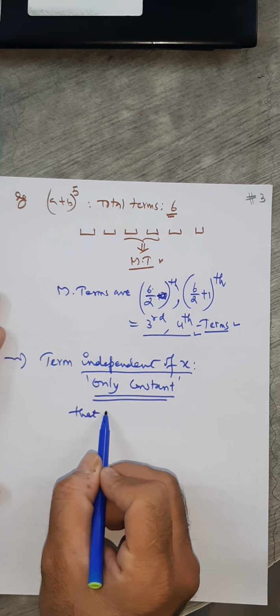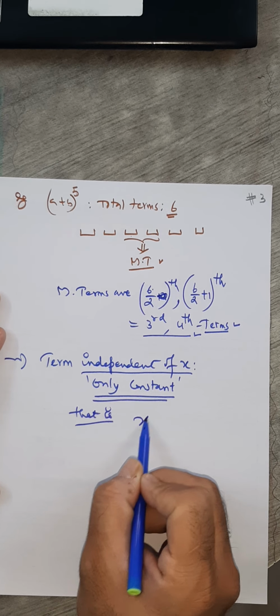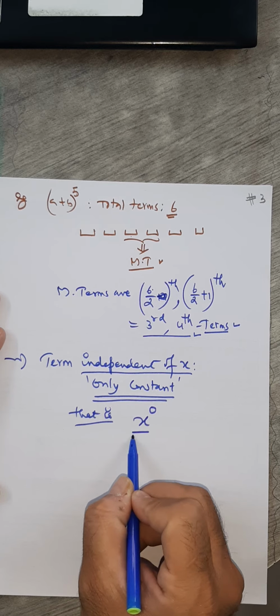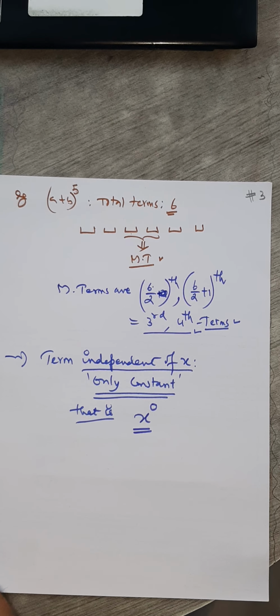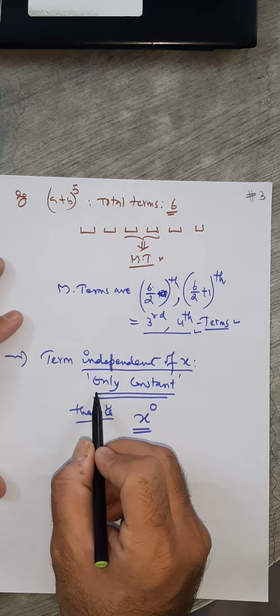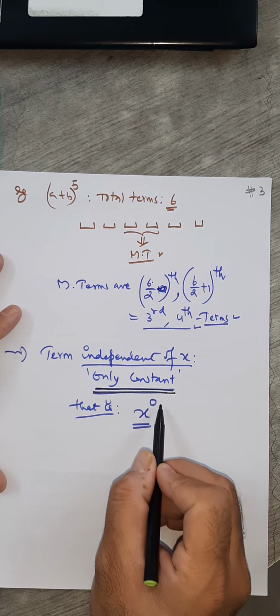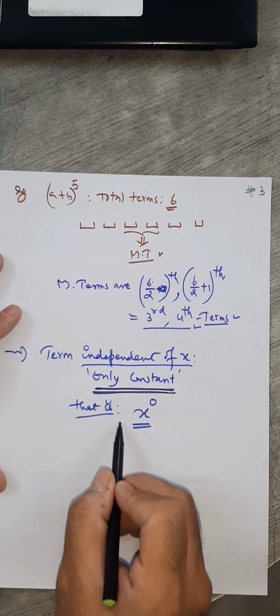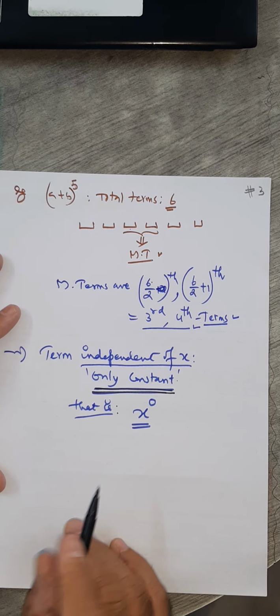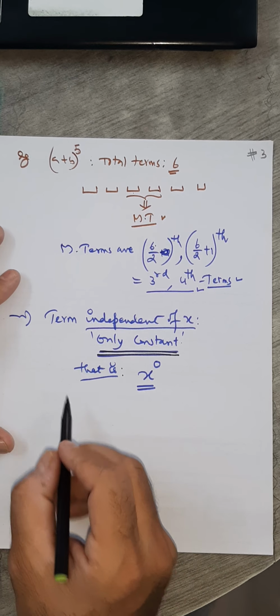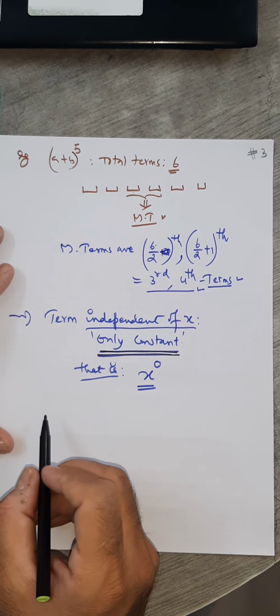That is x raised to 0 अंदर होना चाहिए. x raised to 0 means constant. Term independent of x means constant term; it should be free from x, which means power of x should be 0. Remember, that terminology also we are going to use.